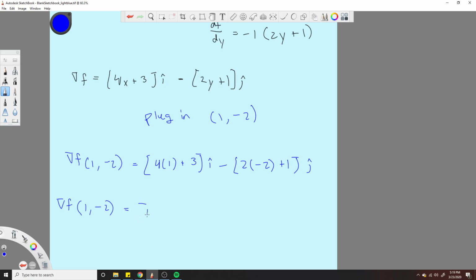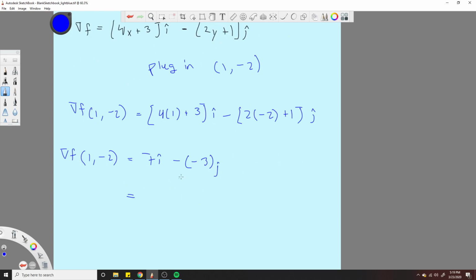That'll be a 7 i hat, and negative 4 plus 1, so that's a negative 3 j hat. Now we have a little bit of redundancy because of that negative, so we'll have 7 i hat plus 3 j hat. Yeah, looks good.